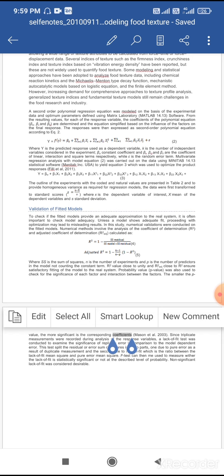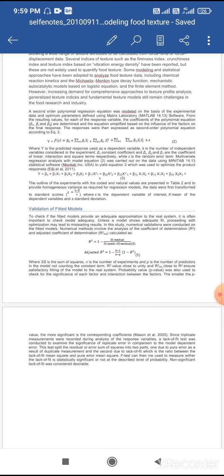Multivariate regression analysis with the model equation 2 was carried out on the data using Minitab statistical software. Minitab is used to analyze the data using the models, to yield equation 3, which was used to optimize the product responses.